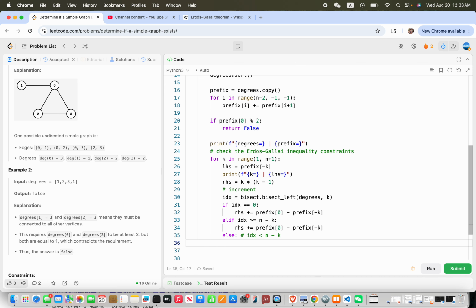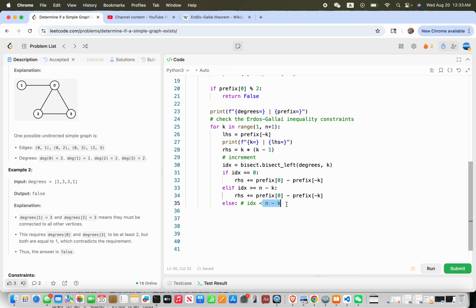In other words, among those n minus k terms, idx terms of di are all less than k, and n minus k minus idx terms are greater than or equal to k.